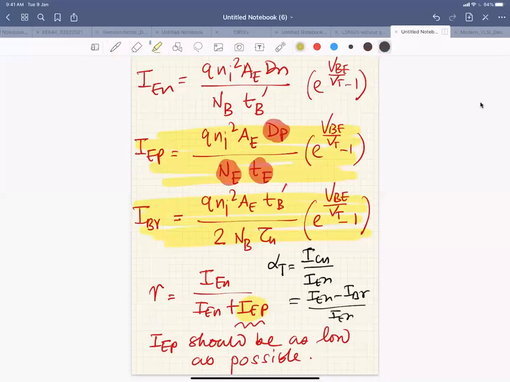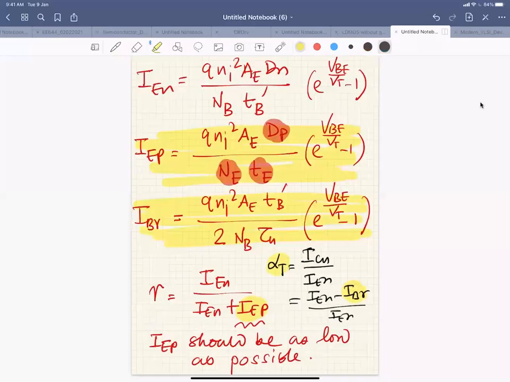If you want your alpha T, your transport factor, to be high, once the electrons are injected you want all of them to be collected. You don't want any electron to be recombined, right? So that's why, if IBR decreases, your transport factor and your alpha will increase, right?